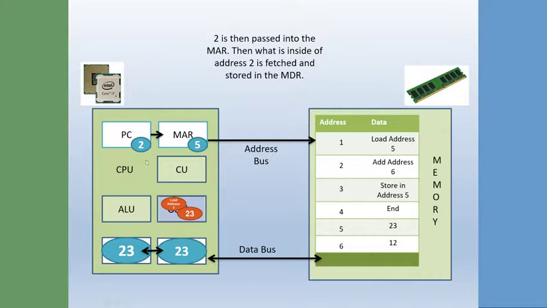The program counter, which is currently holding instruction number 2, moves over to the memory address register. It then fires it across to memory, and it finds address location 2, which is another instruction to add that to address number 6. So it sends that across to our memory data register.